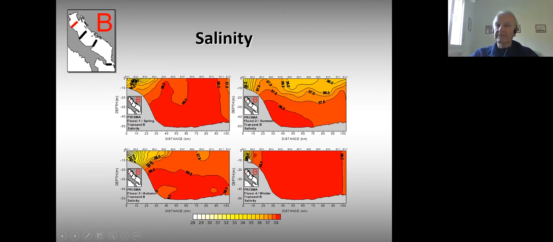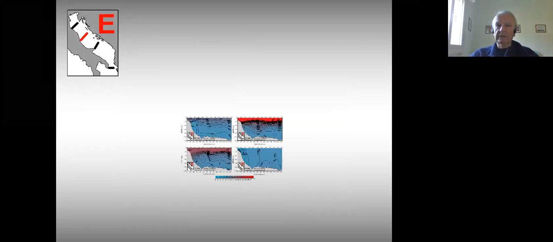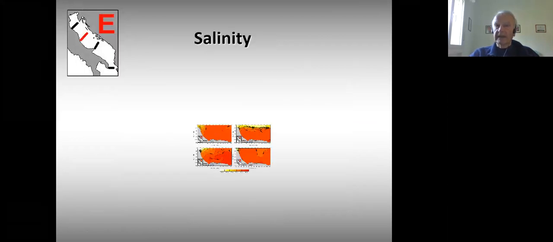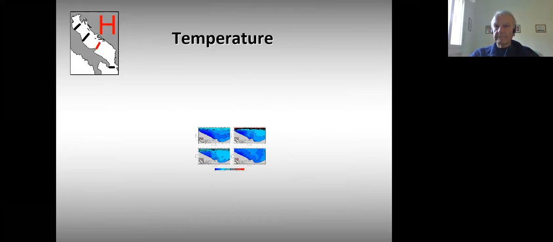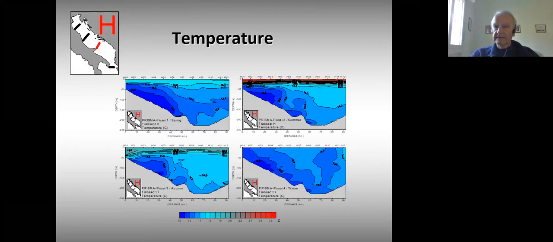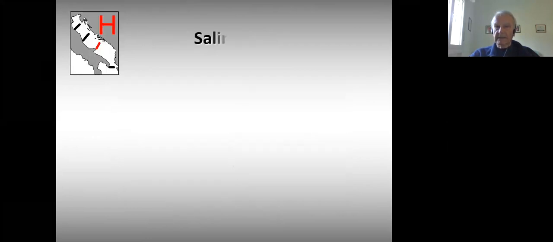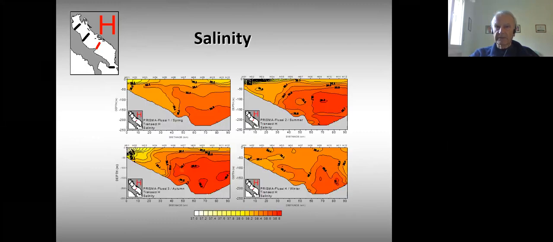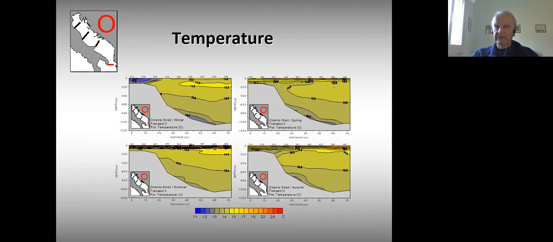So this is how this process acts on the vertical distribution of temperature and the horizontal distribution of temperature and salinity, and how you can recognize it. I won't go into details for other transects, which essentially show the same thing.